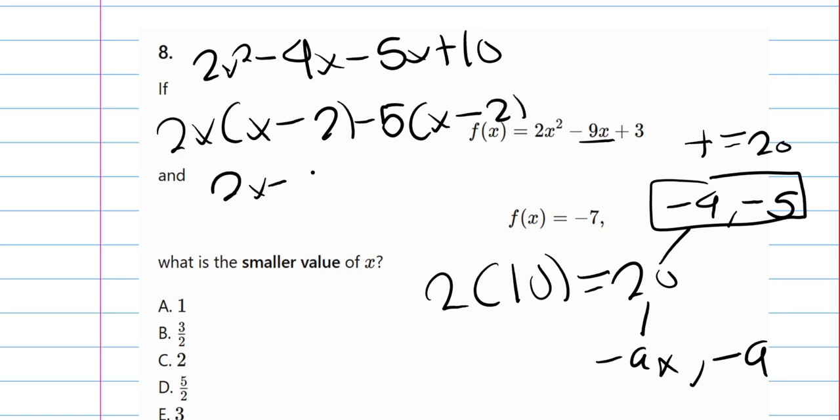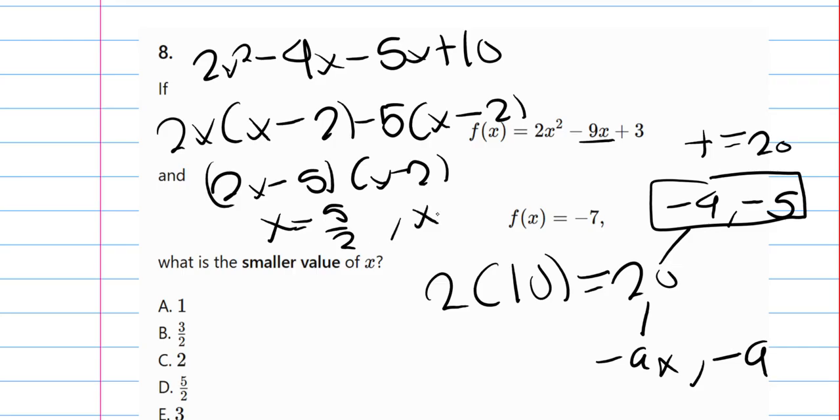That would be 2x minus 5 and x minus 2. So the values of x would be 5 over 2, and the other value would be 2.